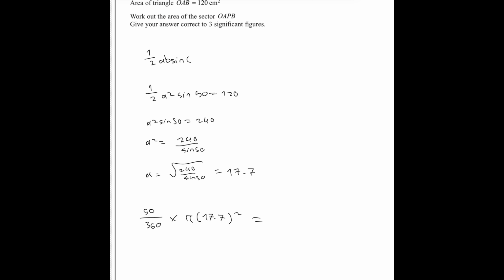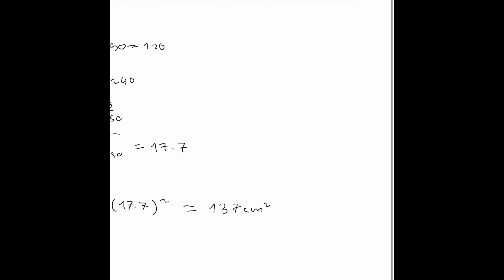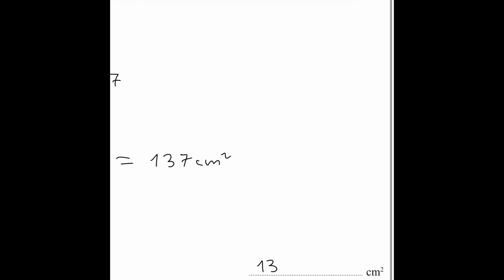It's going to give us 136 point something, and it wants three sig fig, so that's 137. And the units here will be centimeters squared, because that's what the area was in.